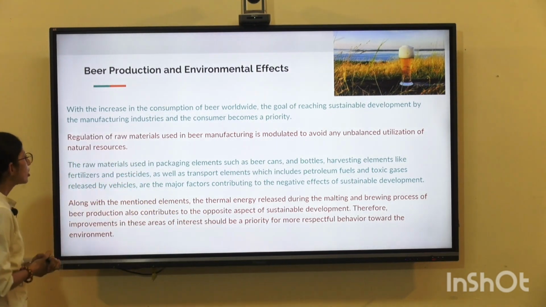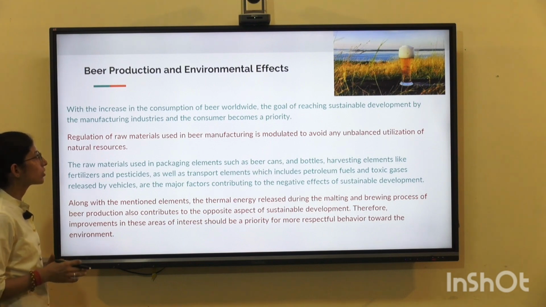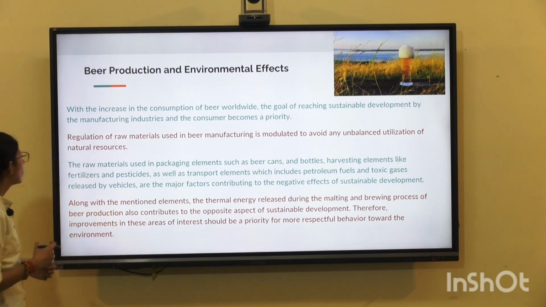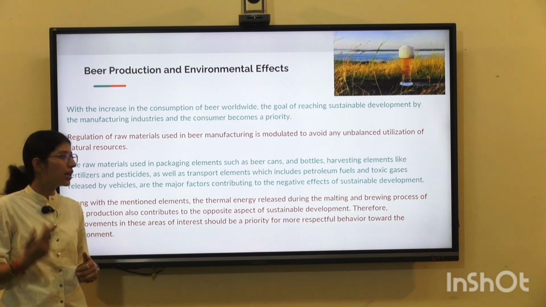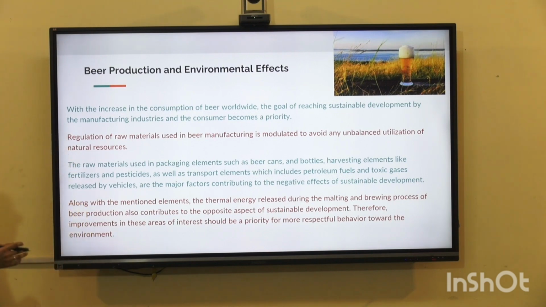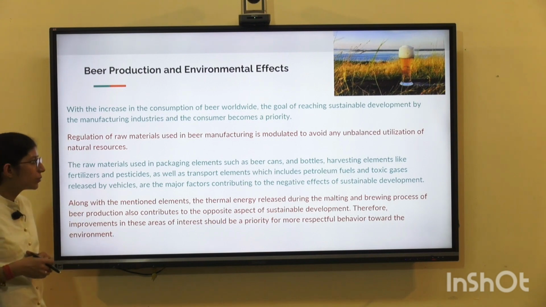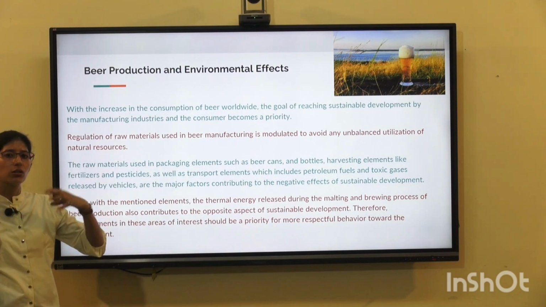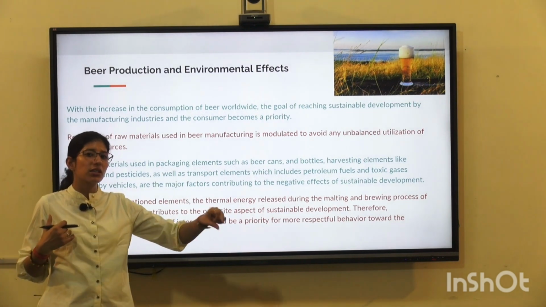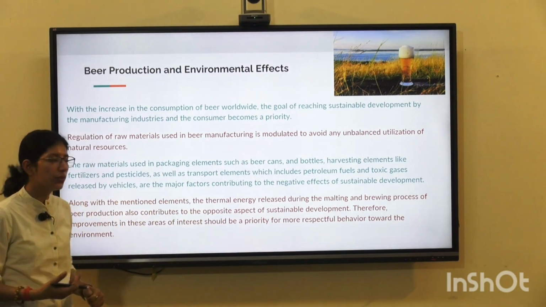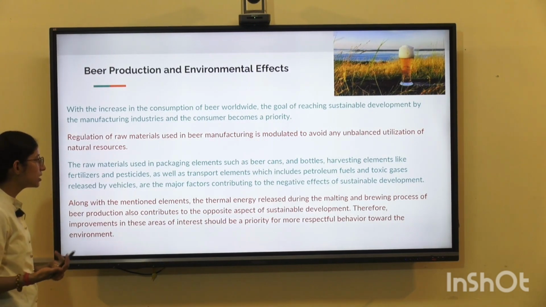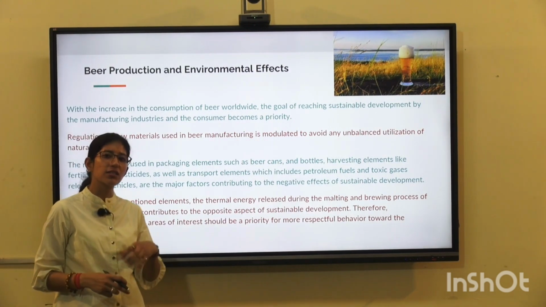Regulation of the raw material used in beer manufacturing is moderated to avoid unbalanced utilization of natural resources, followed by raw material used in packaging such as beer cans, bottles and labels, and harvesting elements like fertilizers. Transport fuels and long cold chain preservation methods during transportation consume a huge amount of fuel, generating toxic gases from vehicles and contributing a negative effect on sustainable development.